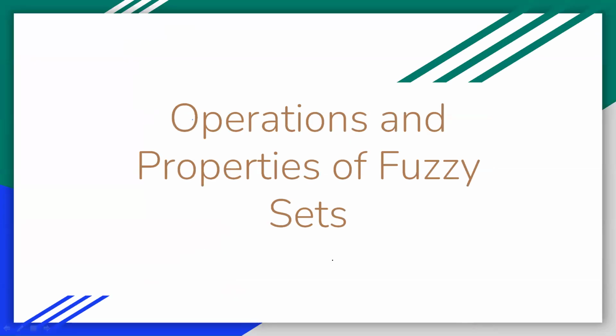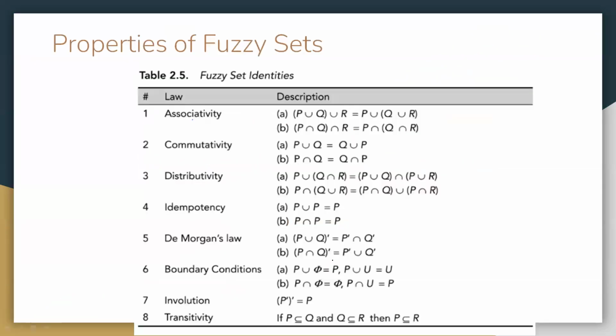Now we'll look at some of the operations and properties of fuzzy sets. These are some of the properties that we saw in a crisp set also: associativity, commutativity, distributivity, idempotency, De Morgan's law, boundary conditions, involution, and transitivity. We'll just go through all of them quickly.